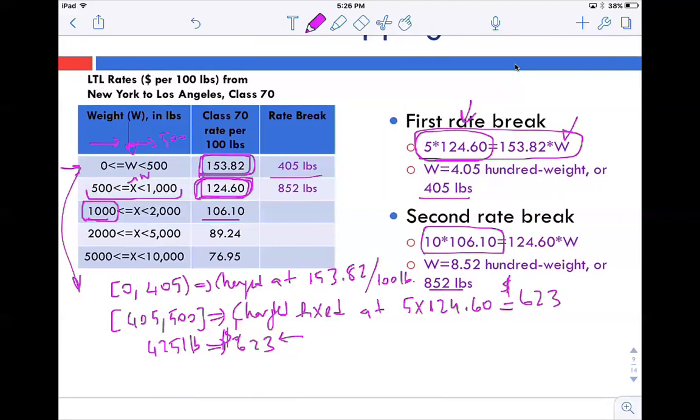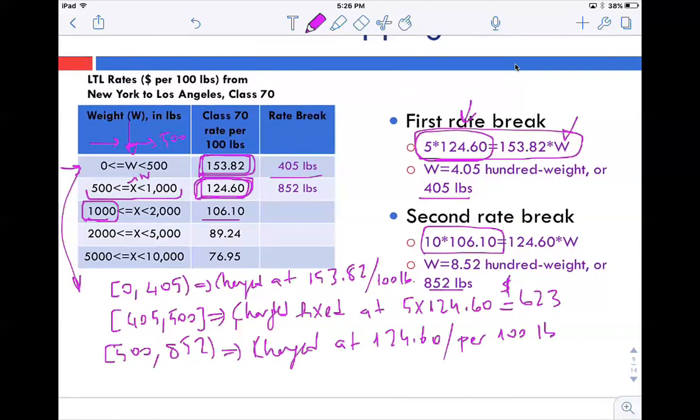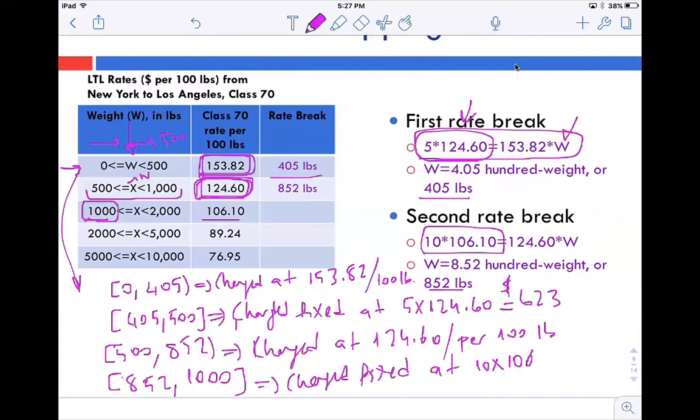So we already know that from 500 to 852, we charge at 124.6 per 100 pounds, and between 852 and 1000 pounds, we charge fixed at 10 times 106.1, therefore it has to be $1,061.